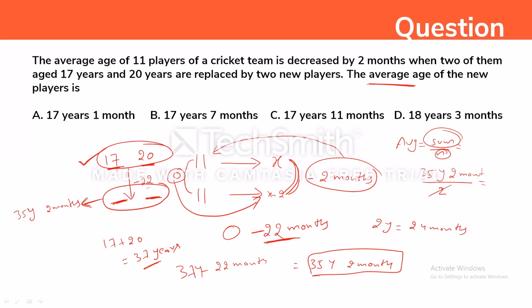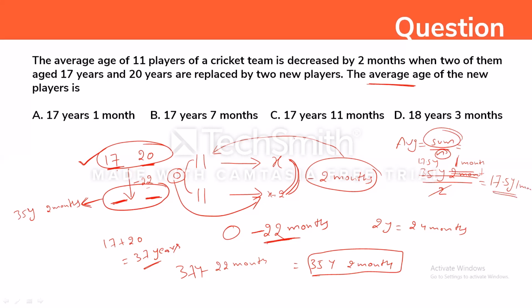So how many times does 2 go into 35? It will be 17.5 years, and 2 goes into 2 months 1 time, so 1 month. So 17.5 years and 1 month is the final answer.